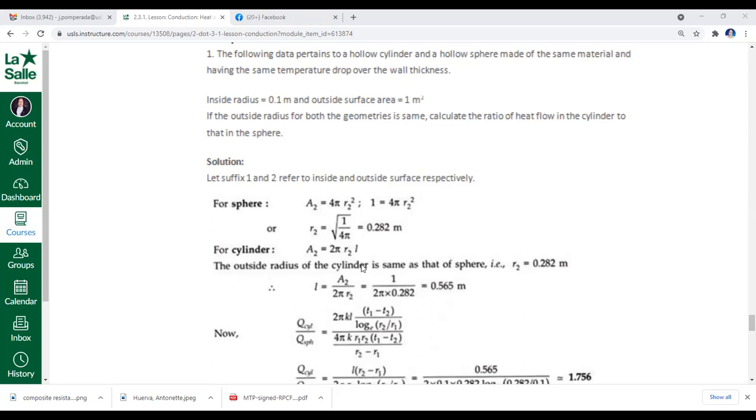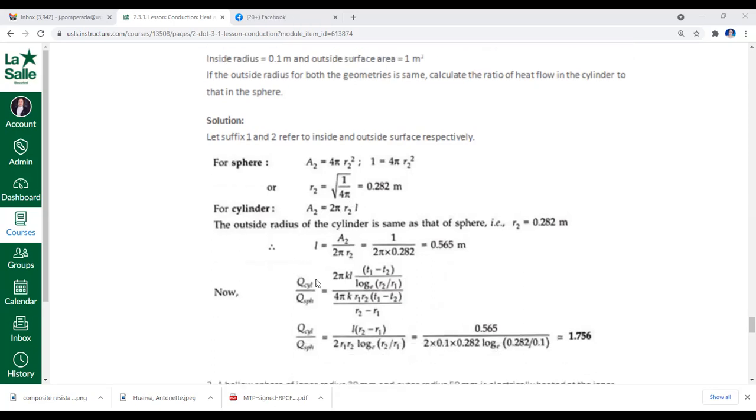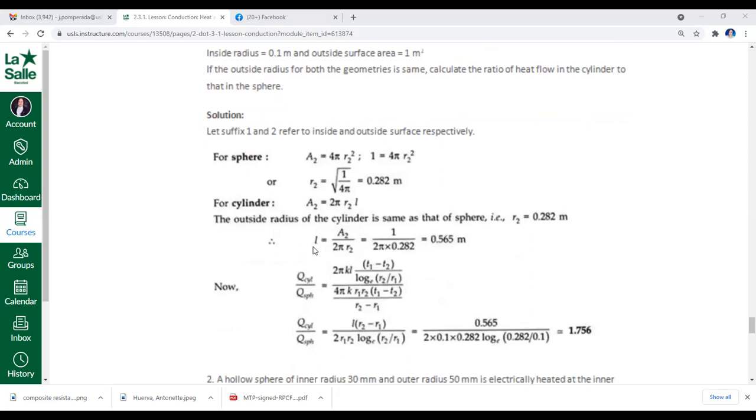That gives us a length of the cylinder of 0.565 meters. So you now have everything that you need to get the ratio of the rates of heat transfer of the cylinder and the sphere, and the rest would be substitution into the formula which you have written in the first place.